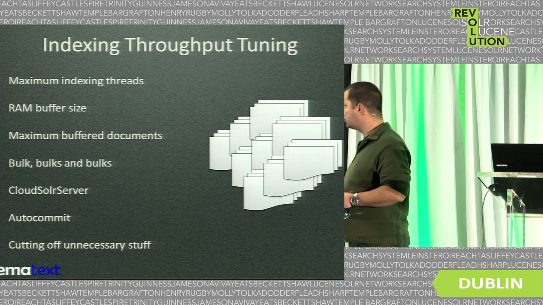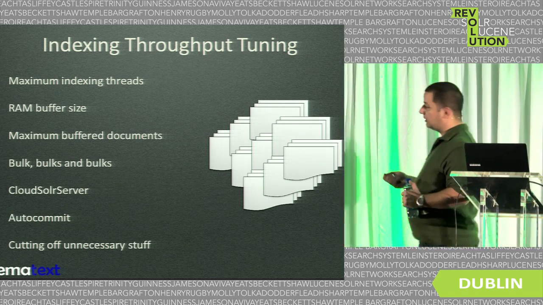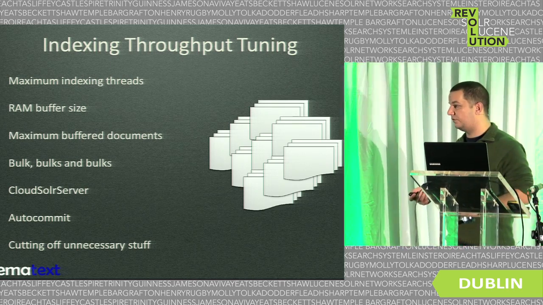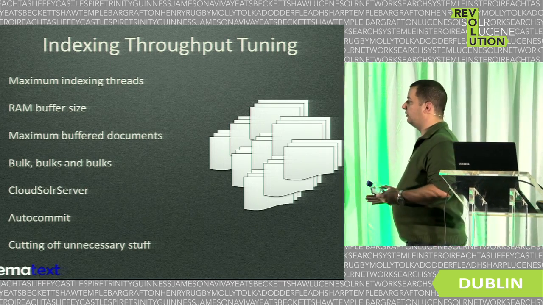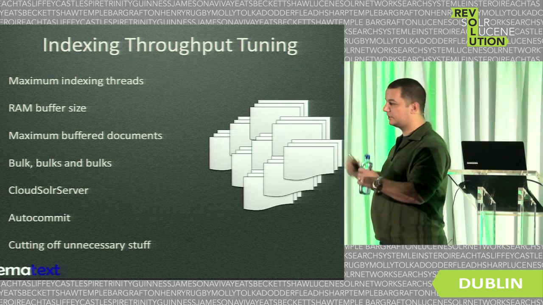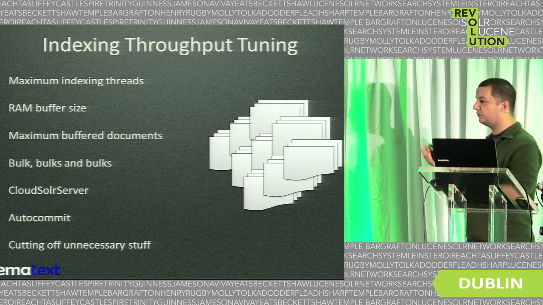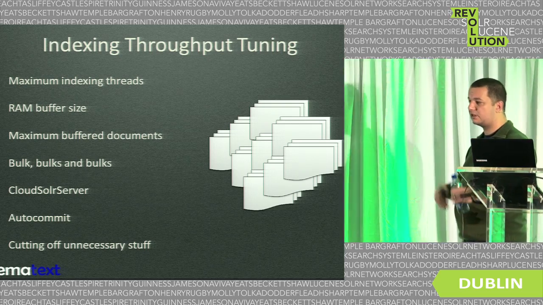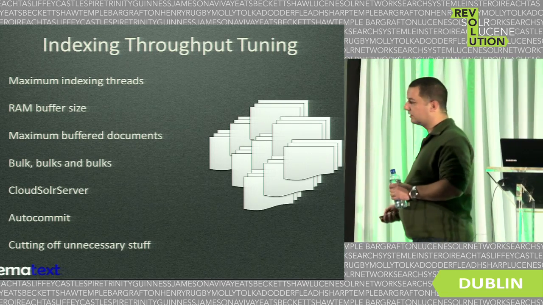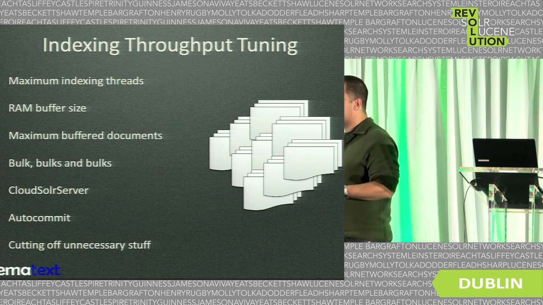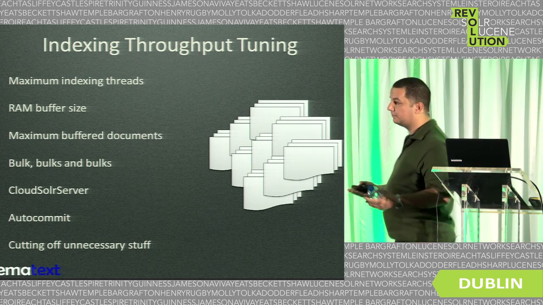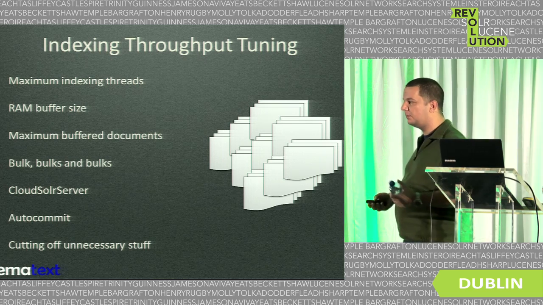Of course, use autocommits and cut off unnecessary stuff from your configs. If you don't use fields but you just copy them because they were in the configuration, cut it off. Cut off unnecessary calculations like the norms if you don't need it, and omit term frequencies and positions for some fields. Maybe you don't need it.